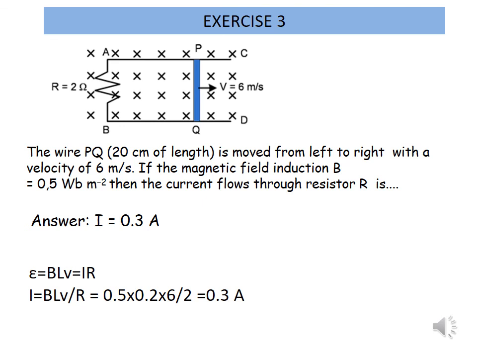If you solve for I, it is equal to BLV divided by R. Putting all those numbers into that equation, you end up with this answer, 0.3 amps.